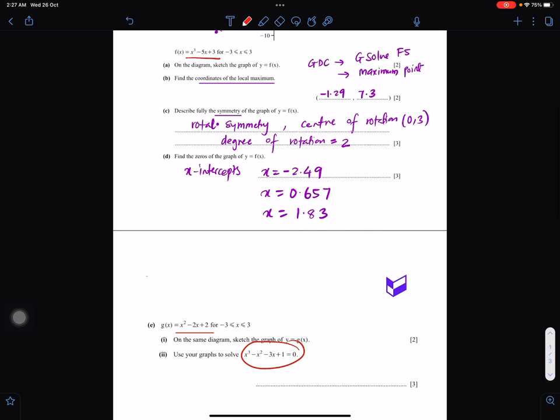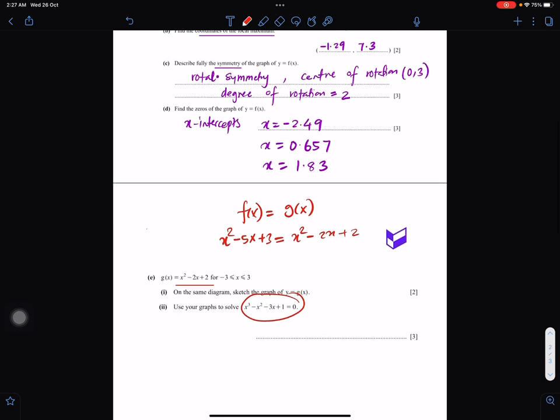So we had x cubed minus 5x plus 3. Basically, I'm taking when f of x is equal to g of x. So when does x cubed minus 5x plus 3 equal x squared minus 2x plus 2. When we solve this equation, we get, sorry, the previous part has x raised to 3. I will change this.